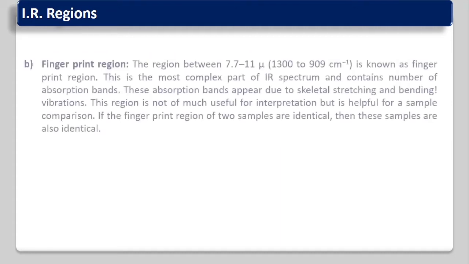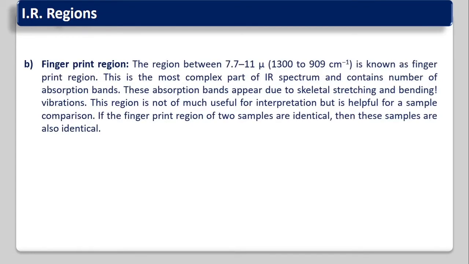Second region is the fingerprint region. This region is between 7.7 to 11 micrometer, that is 1300 to 909 centimeter inverse, known as the fingerprint region, and this is the most complex part of the IR spectrum. There are so many peaks, and it contains a number of absorption peaks.